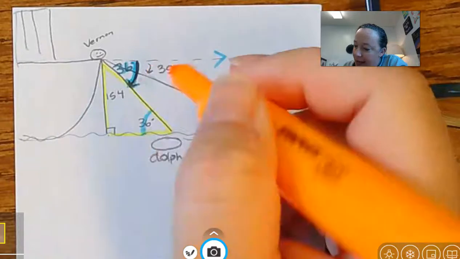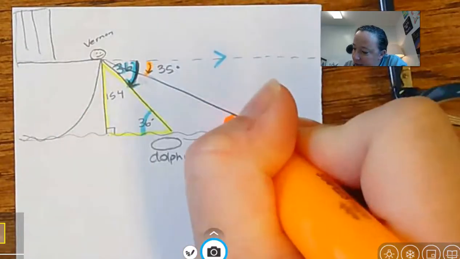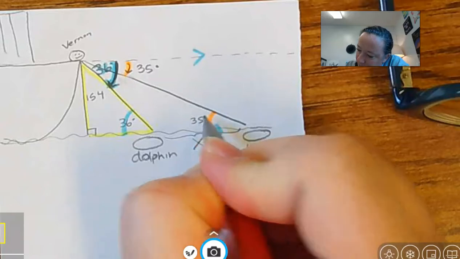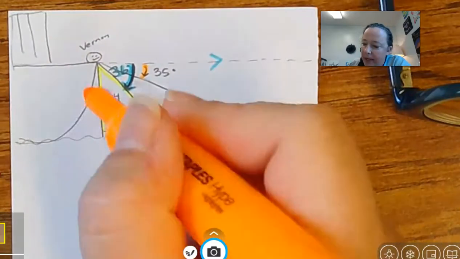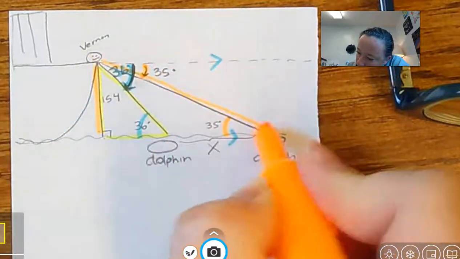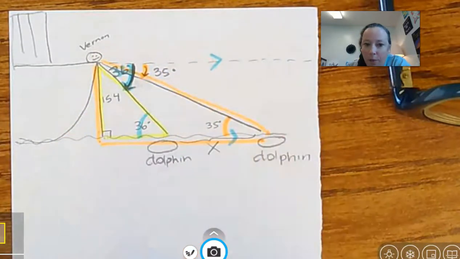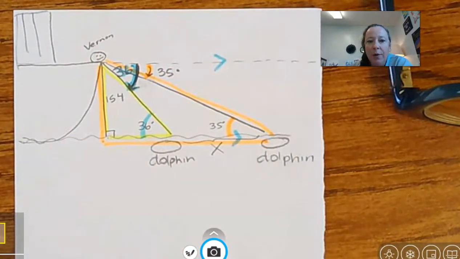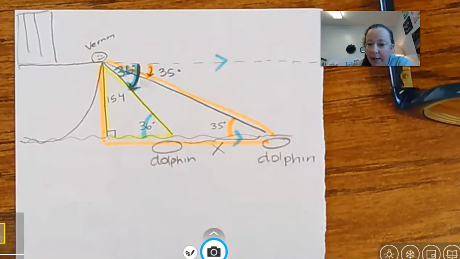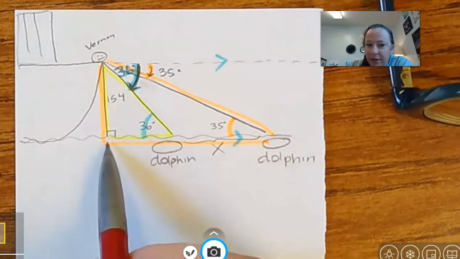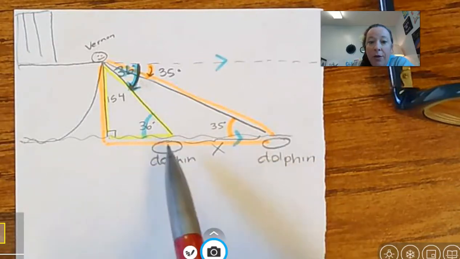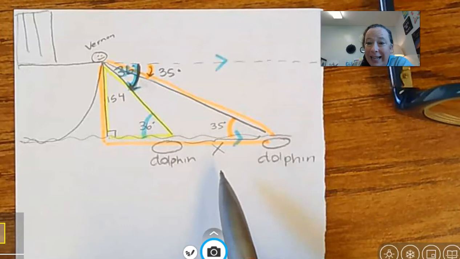So, okay, this is 35 degrees, and so this is 35 degrees. We have the yellow little triangle, and then we have the orange big triangle. Those are both right triangles, so we can use trig, and we can find this bottom distance on the yellow. We can find this bottom distance on the orange and subtract to get x.